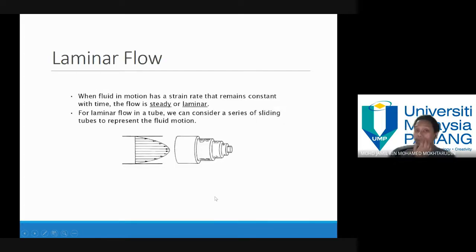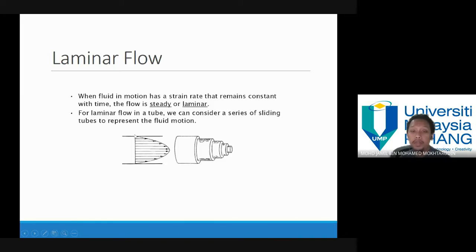So when it comes to fluid, we have two types of fluid motion. We have laminar flow and also turbulent flow. When fluid in motion has a strain rate that remains constant with time, then the flow is steady or laminar. For laminar flow in a tube, we can consider it as a series of sliding tubes to represent the fluid motion.